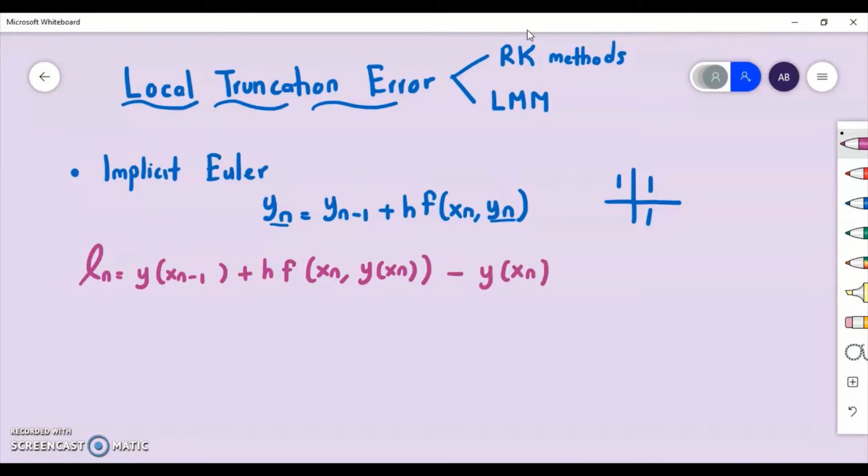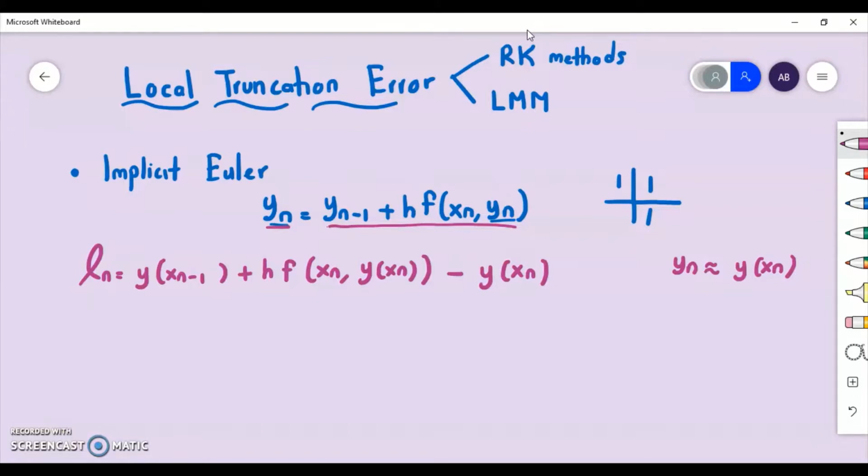So what I did here is this whole thing minus this one. So y at xn, I can write as the exact solution of y at this particular point xn.